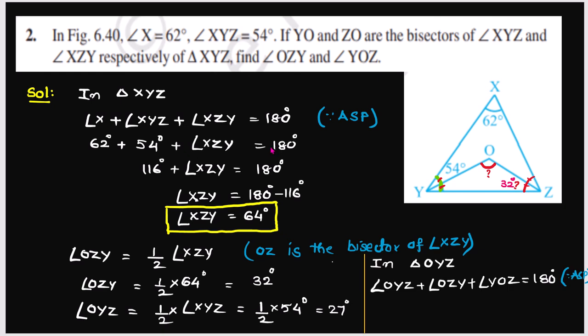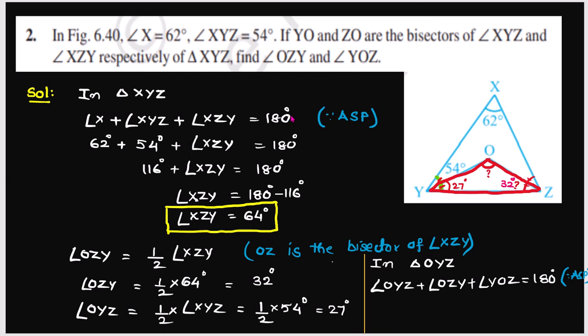So we can write in triangle OYZ. This triangle, children, you can observe here. In this triangle, we have got angle OYZ, that is 27. By angle sum property, we can write that angle OYZ plus angle OZY plus angle YOZ equals 180.